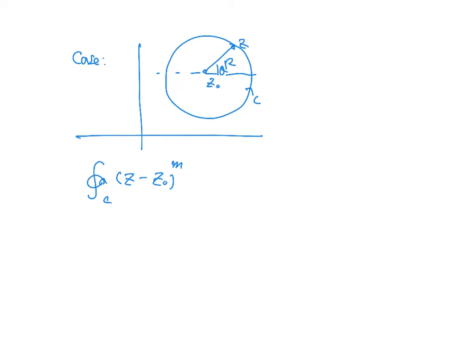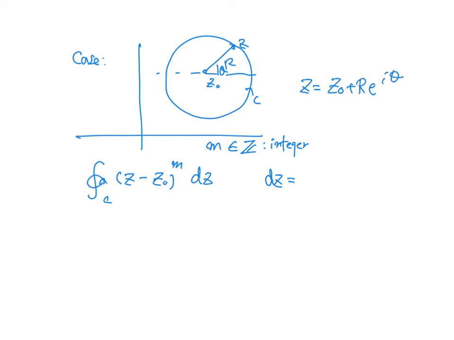The integral of z minus z naught to the m dz, where m is an integer, m belongs to Z. Then z is as before z naught plus r exponential I theta, right?